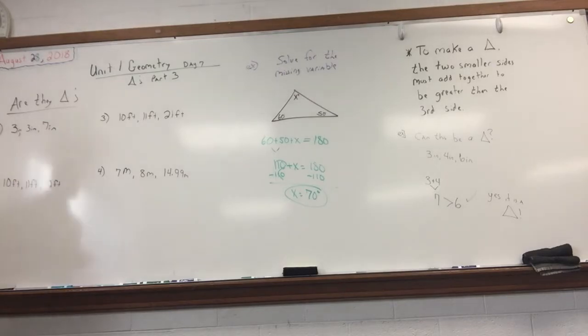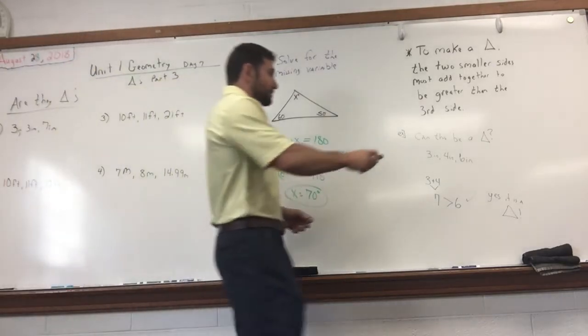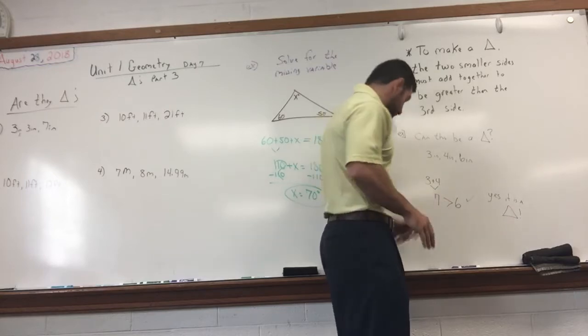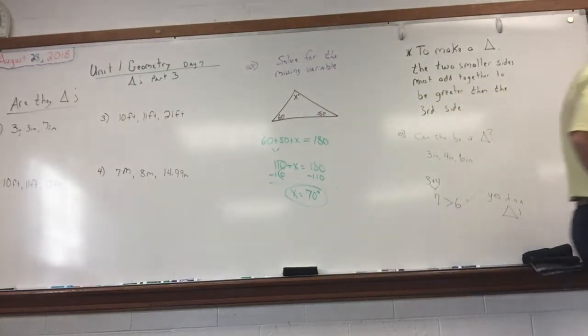So, you need to show me how, adding them up, making an inequality, showing me the greater than sign for those 4. Are they greater than the third side? So we find the two smaller, add them together. Is it greater than the third side?